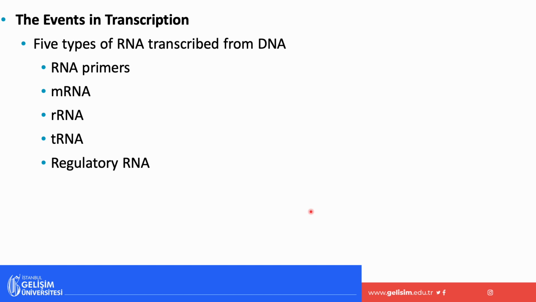These molecules are able to bind to mRNA and prevent it from being translated, or they'll even degrade mRNA. And so again, they have the capacity to regulate the amount of proteins that are produced.